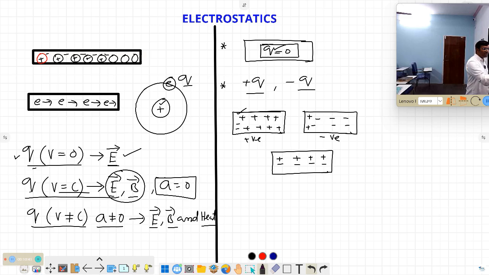The body which contains an equal number of positive and negative is called a neutral body. A neutral body will not exhibit any property of attracting or repulsing other bodies. But the positively charged body and negatively charged body exhibit the property of attracting or repulsing other bodies when the charges are at rest, which is called electrostatics.